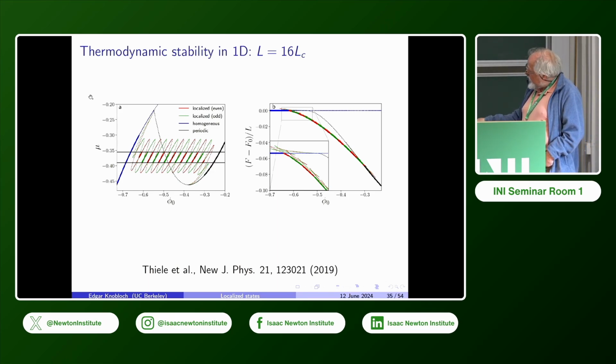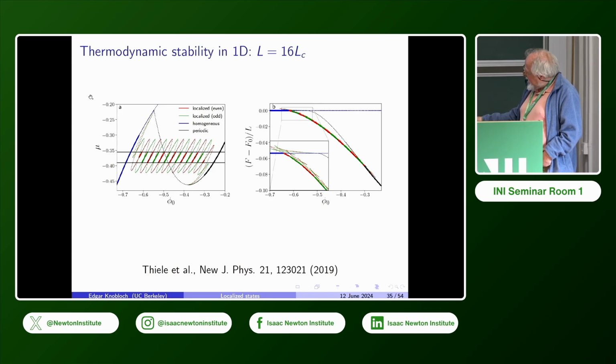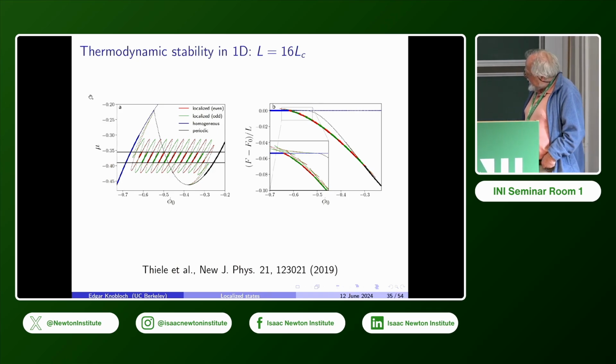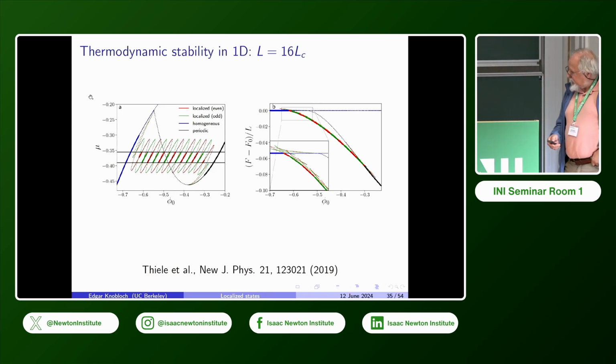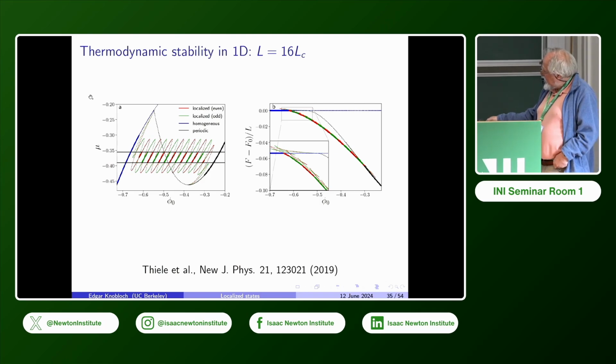And so here the global minimum is the liquid phase, and then the local minimum is a crystalline state. It's a localized nucleus, if you like. At different sizes, these are the global minima as you go along here. And then finally, the global minimum is the spatially extended crystal here on the far right.